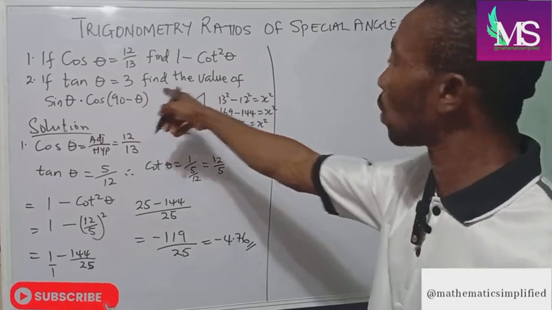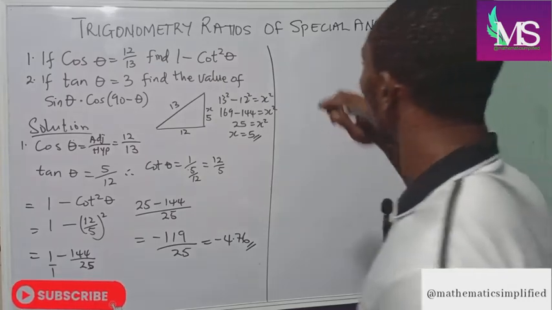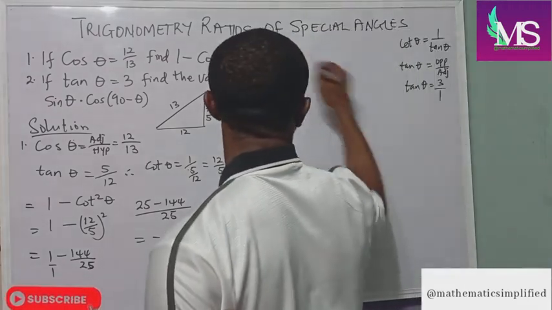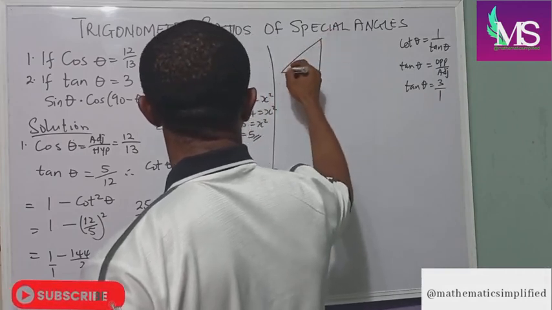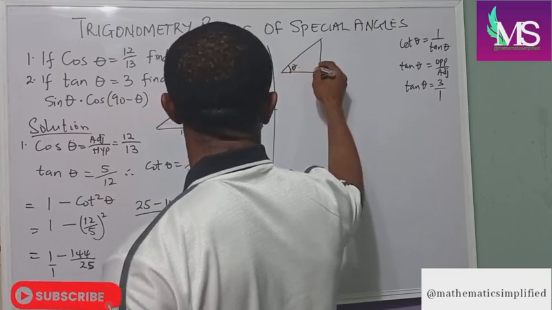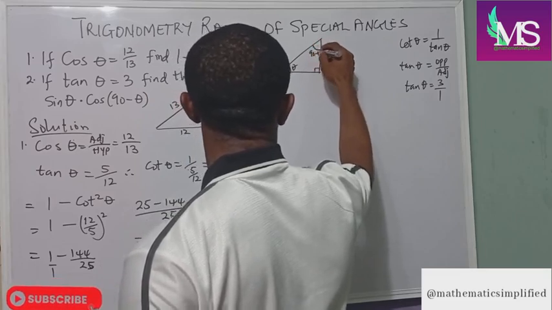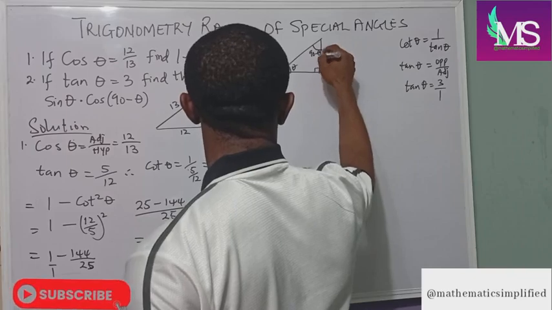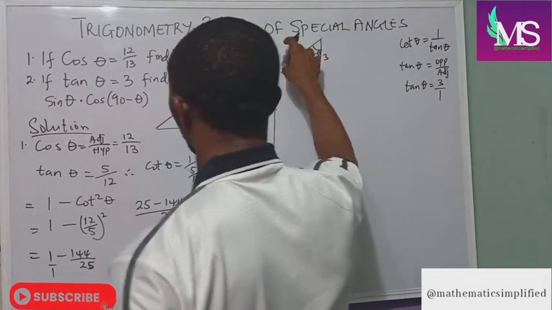So our opposite is 3, adjacent is 1. So if we have a triangle where our opposite is 3, let's call this theta, and this should be 90 minus theta. So our opposite here is 3, adjacent is 1. So we can find our hypotenuse.